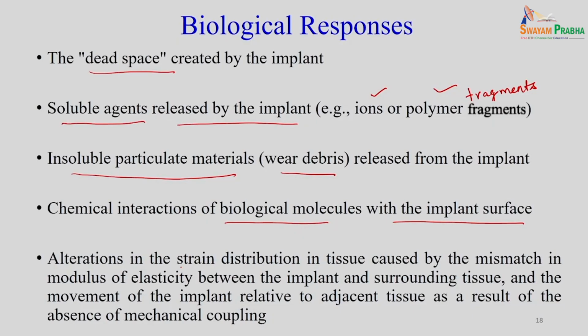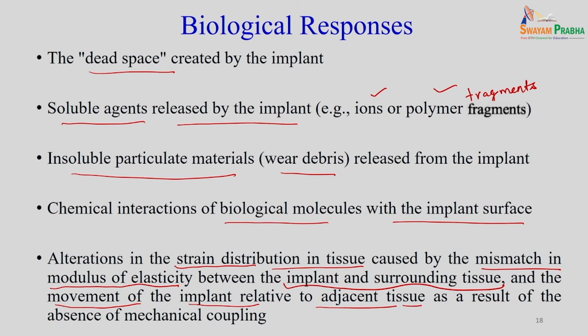Then also there will be alteration in the strain distribution of the tissue. This may result from the mismatch in mechanical property, or the modulus of elasticity, between the implant and the surrounding tissue, and also it may come due to the movement of the implant relative to the surrounding or nearby tissues.